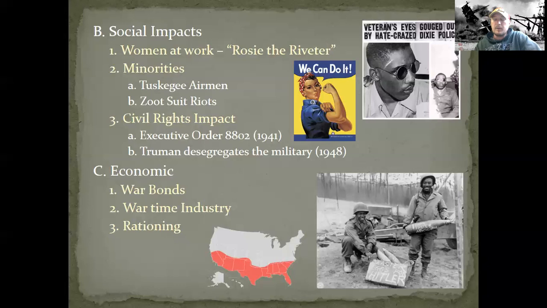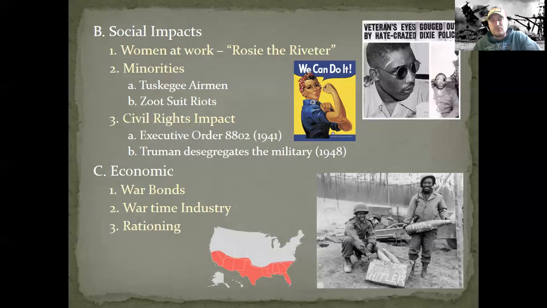The Tuskegee Airmen, perhaps more so than anybody else, proved that African Americans could not only fight but become the best that we had to offer. There have been multiple movies made about them. Just a heroic bunch that fought many battles for the United States.